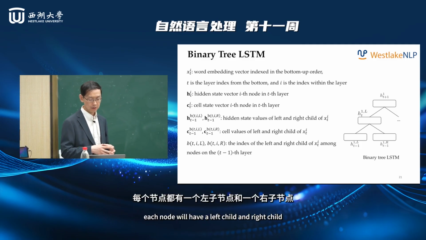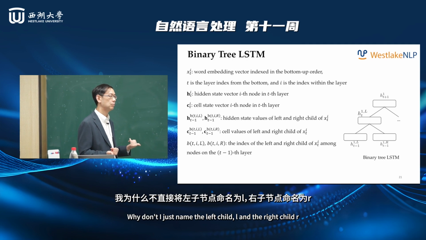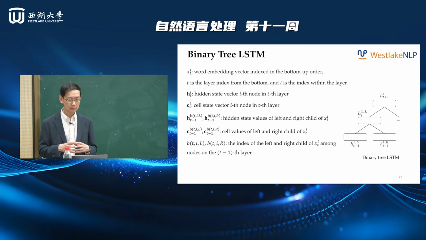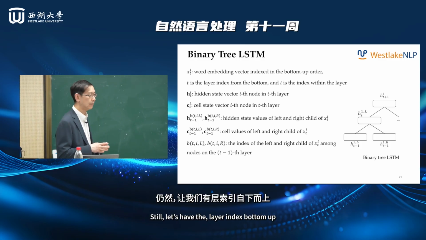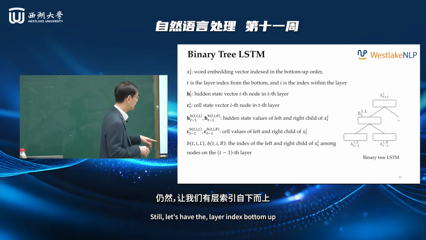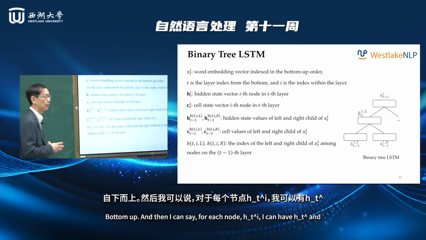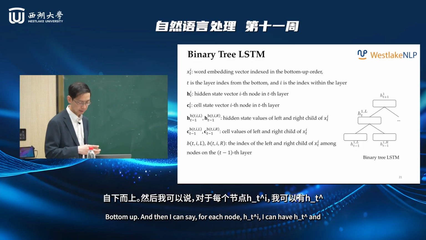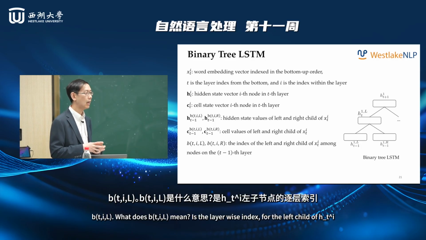So each node will have a left child and a right child. Why don't I just name the left child L and the right child R? And then I can index them. Still, let's have the layer index bottom up, t equals 1, 2, 3, etc. And then for each node h_{t,i}, I can have h_{t-1,b_{t,i}^L}.